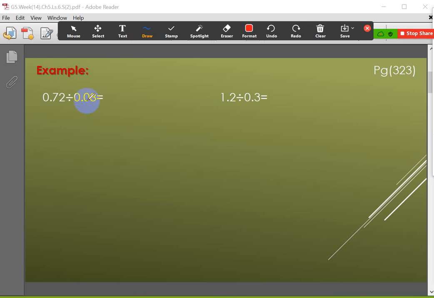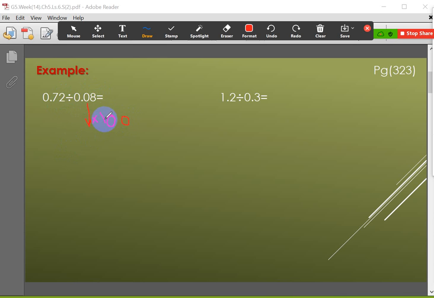Look, this is the divisor. The divisor is a decimal number. How will I make this decimal number a whole number? You know that if I multiply the 0.800 by the second power of 10, or 100, the divisor becomes what?